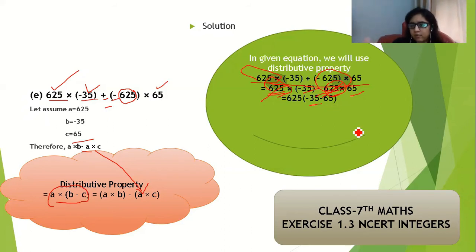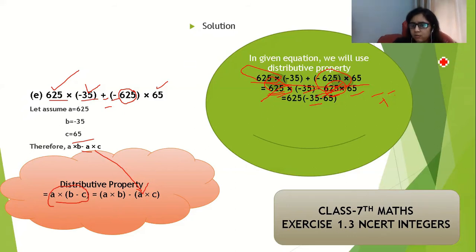So what I will do, I will solve this bracket first, then whatever answer I get, I will multiply that answer by this number 625. In order to solve this bracket, I have to apply the rule of addition and subtraction. If two numbers are negative, then we have to add those numbers, and the sign of the answer depends upon the sign of the greater number.